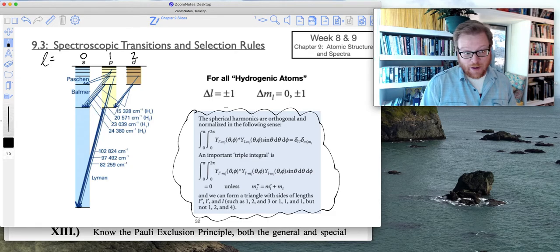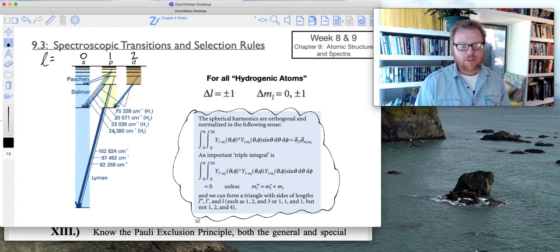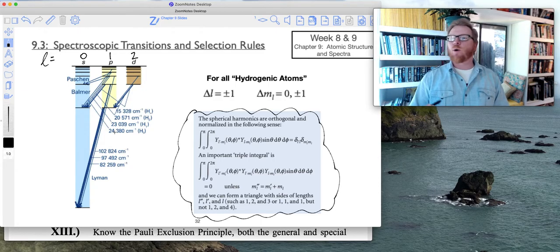And delta L can only be plus or minus 1, right? Look, we've got transitions that go from p to s, okay? We've got transitions that go from d to p, but we don't see any s to s transitions. We don't see any p to p transitions or d to d, right? We have to have a change in dipole moment.